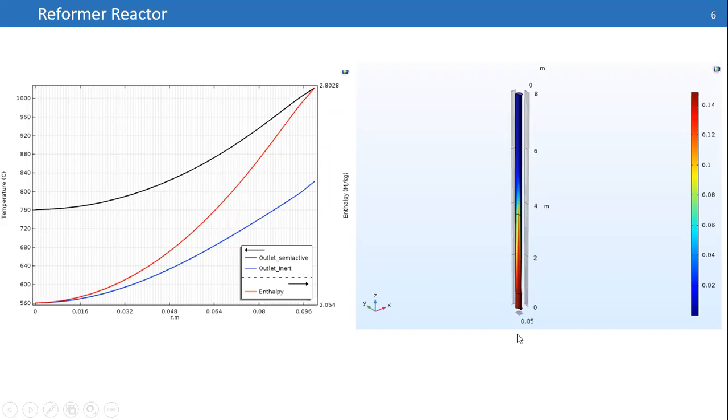So we have feed gas here, with a temperature of around 500 degrees C. In this length, we increase the temperature to, let's say, around 650. And then you have your second type of catalyst that has lower activity, known as semi-active catalyst. This low activity is because we are going to have a lower rate of reaction in this part, since the reaction is endothermic.